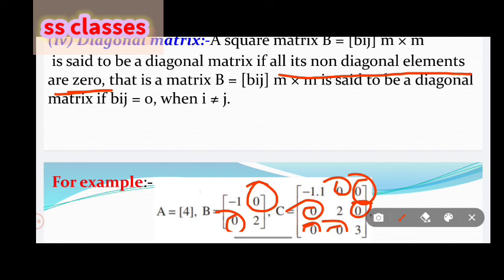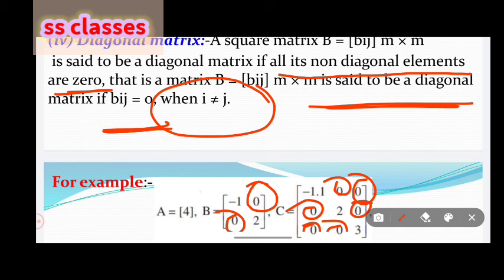That is, Vij equal to 0 when i not equal to j. The diagonal represents the other elements, which need not be zero. This is called a diagonal matrix. That means the unit matrix is always a diagonal matrix.